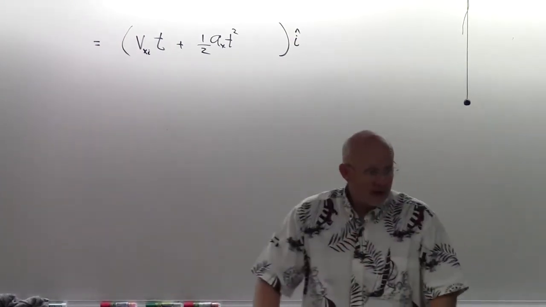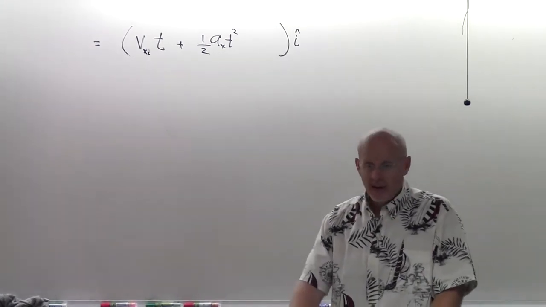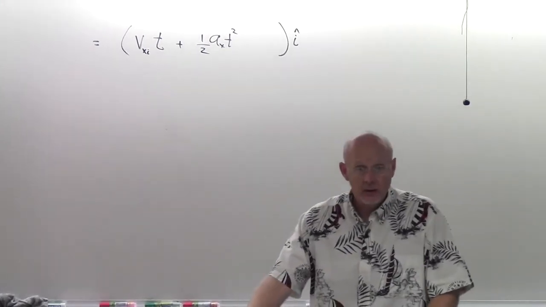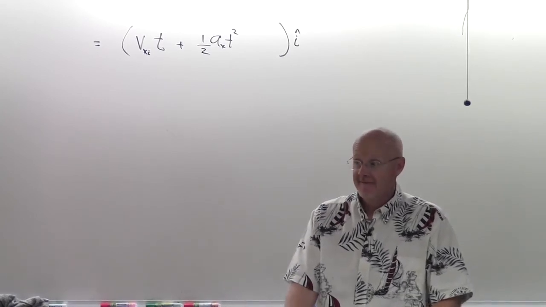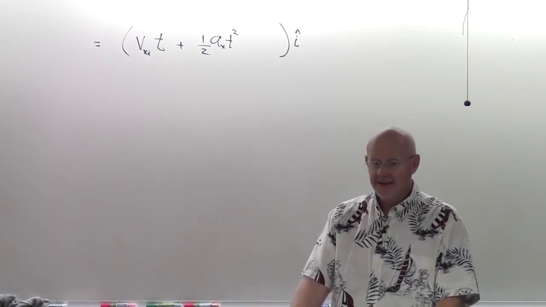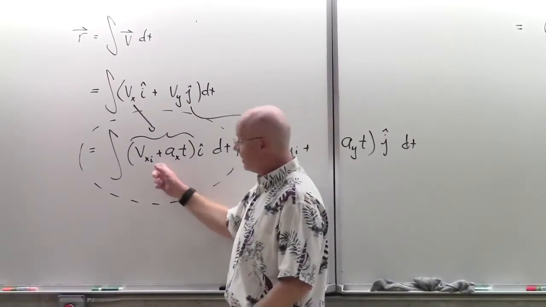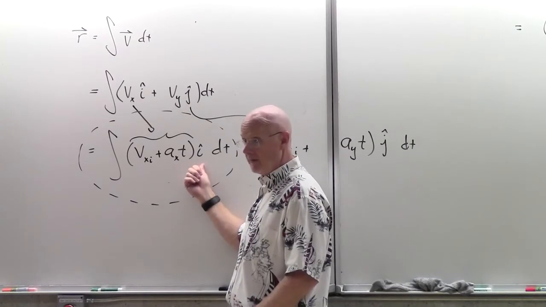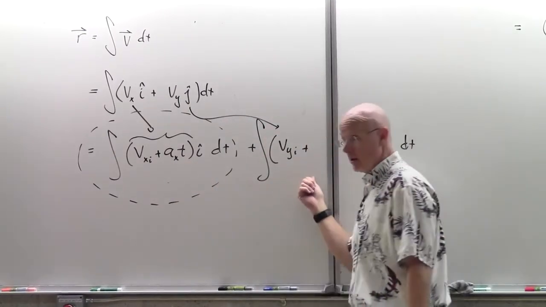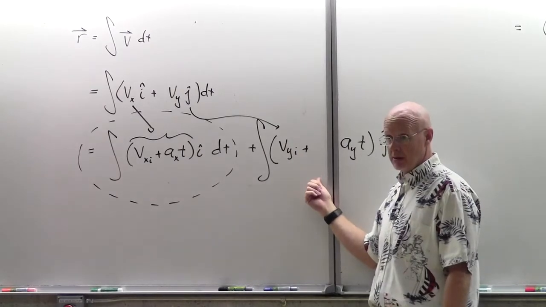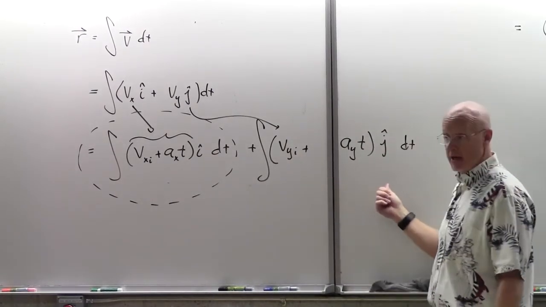Now, should both of them have a constant? Yes. Can I put those together? No. Yeah, I'd say I could in this case, right? Aren't they each inside of the i hat? Now, in a minute, I'll do that integral and get some constants, and that'll have a j hat.